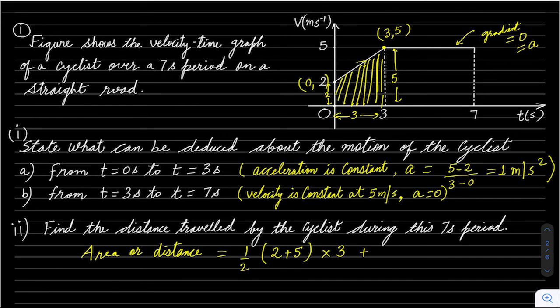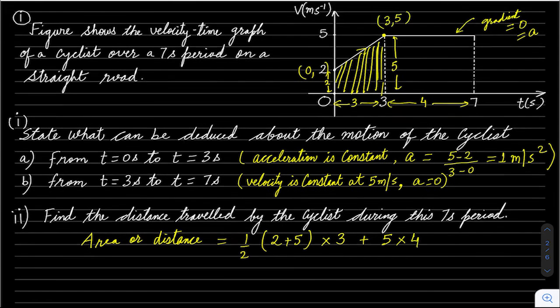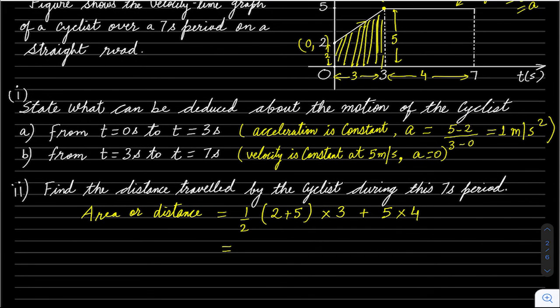Plus, now let's find the area from 3 to 7. This is 4, and the height is 5, so the area of this rectangle is 5 times 4. This is my total distance covered from 0 to 7 seconds. So 3 into 3.5 plus 20.